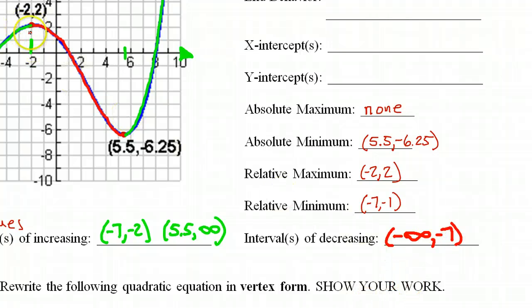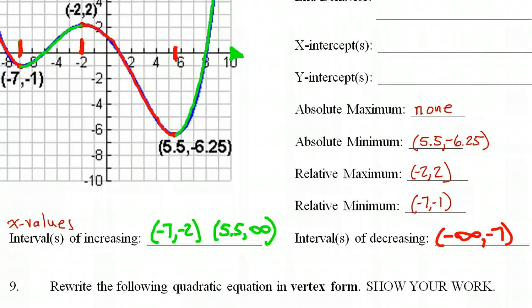And then the other one is this red, which starts right here, x value wise, and it ends right here. Okay, so from here to here, beginning to end. Now please don't say 2 to negative 6.25. These are y values.